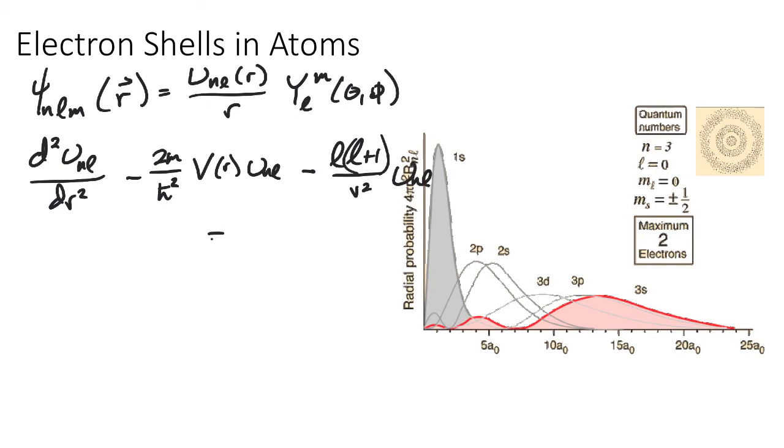All of that equals minus 2m over h bar squared E_NL u_NL. So recall u_NL is a function of just r. Here it is, and it satisfies this differential equation.